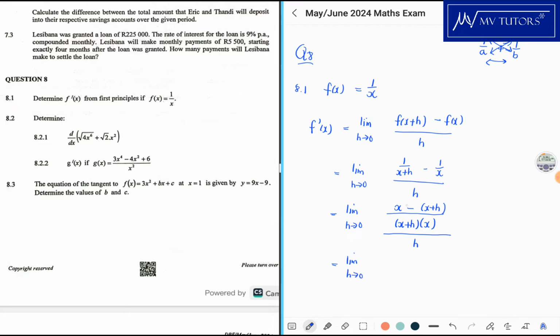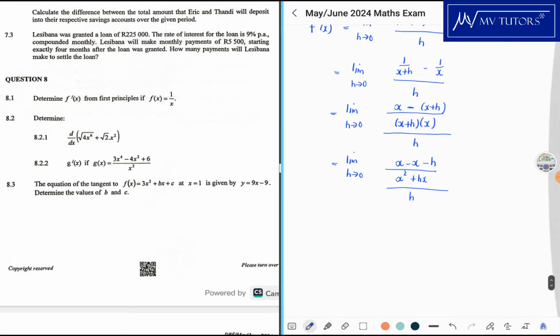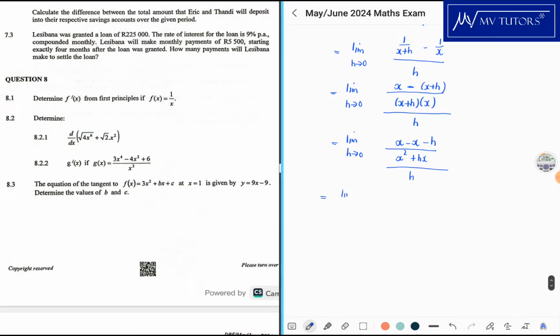So then I have x minus h when I remove the brackets, and at the bottom I have x squared plus hx, and then all of that is divided by h. So x and x will cancel, so I'm left with minus h over x squared plus hx, and all of that is divided by h.